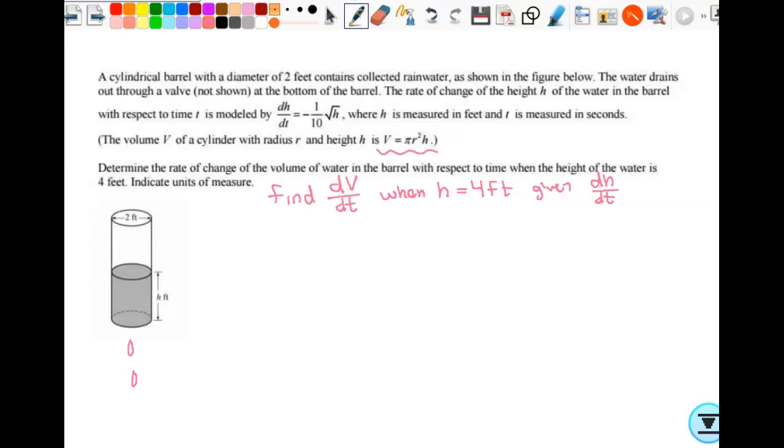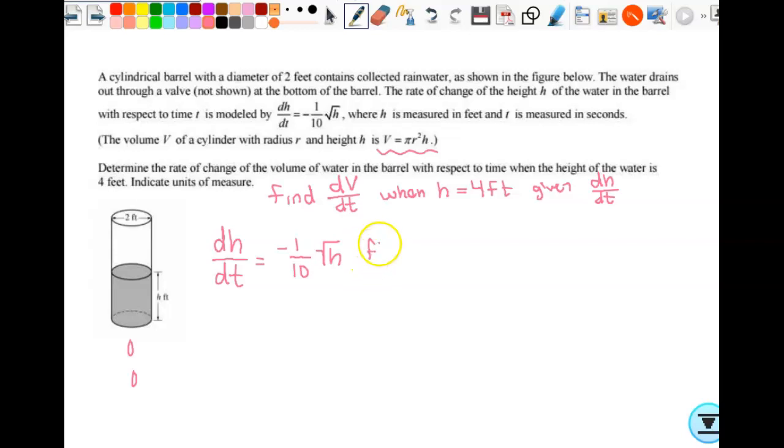So let me use your strategy. You would write down dH/dt. That formula, dH/dt, depends on h, negative 1/10. Guys, what was height measured in? Feet. What's time measured in?